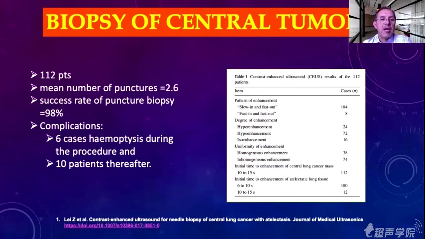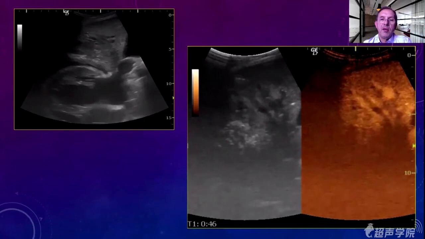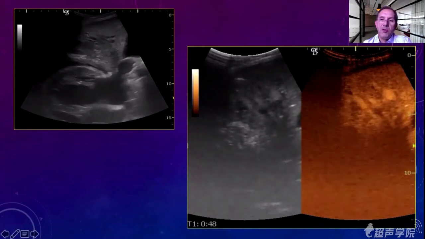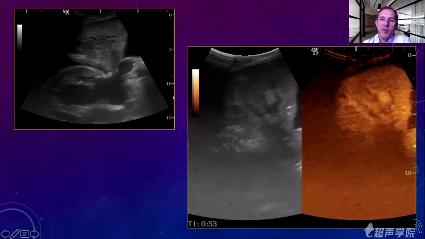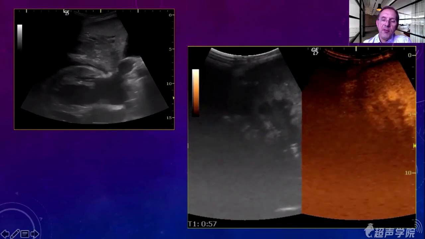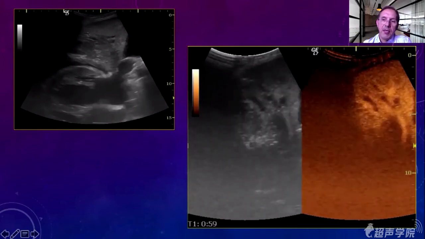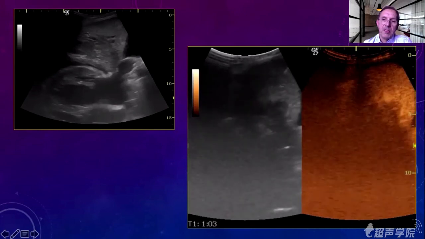So according to the study, we have a very high rate of successful puncture, but we have more complications because we have to go with the needle through the pulmonary tissue, and you see here in this case, the case that I have presented before, we have to go with the needle through that part of the lung and to target this area, which was the tumor.